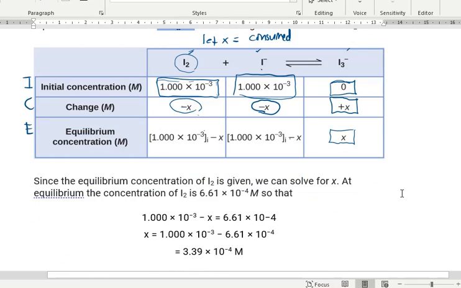Since the equilibrium concentration of I2 is given, we can solve for x. Okay? So we were told that at equilibrium, the concentration of I2 is 6.61 times 10 to the minus 4. So you have an equilibrium concentration of I2, so you have a value for this.